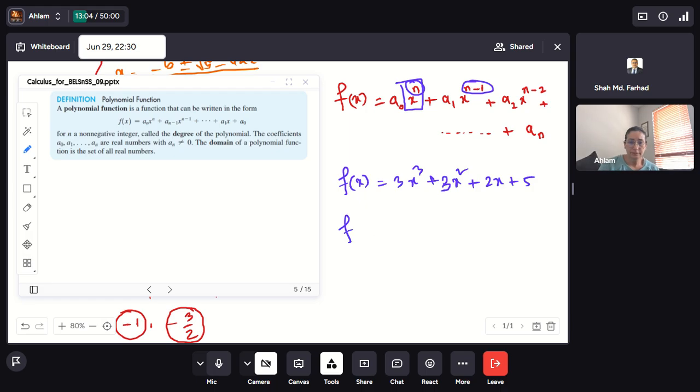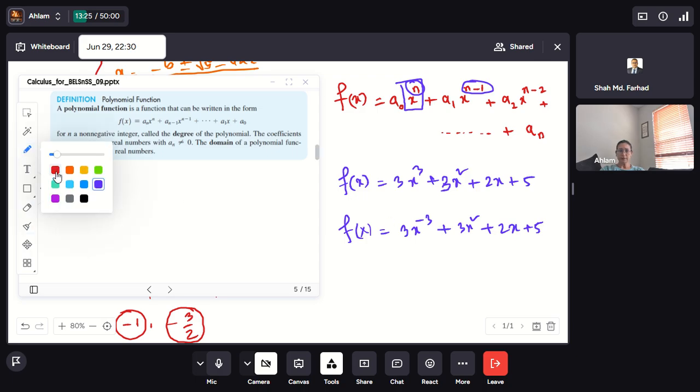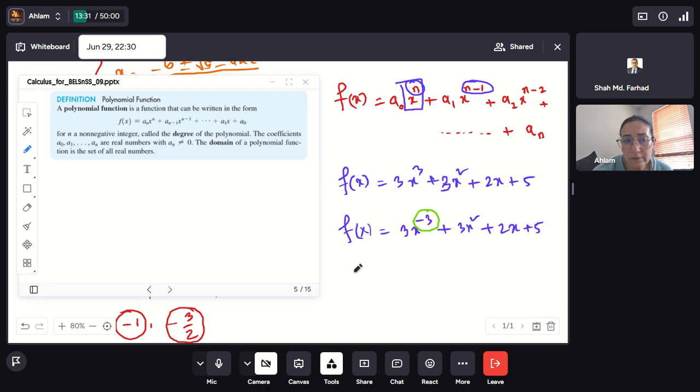And if f of x equals 3x to the power negative 3 plus 3x squared plus 2x plus 5, do we consider this one a polynomial function? The power must be positive, right? Okay. So this one is not a polynomial function.